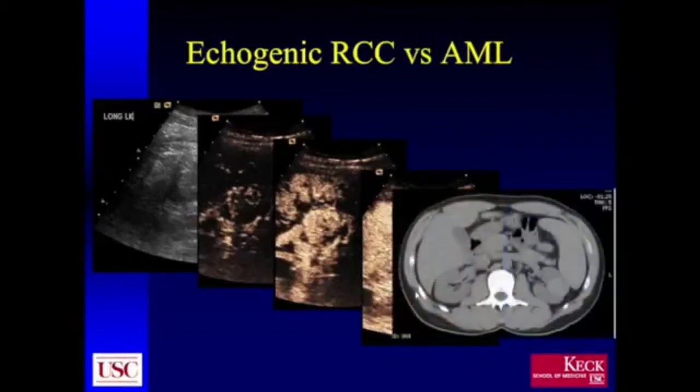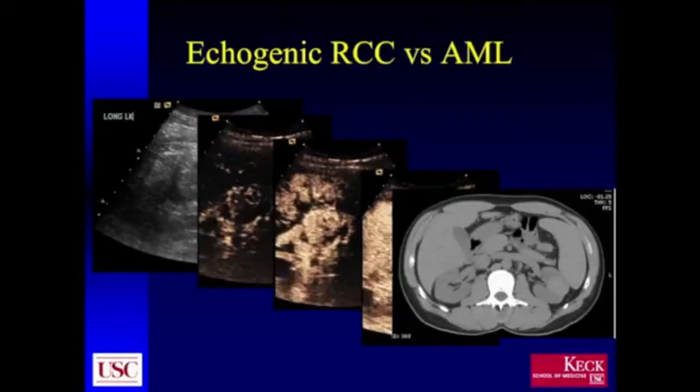Going back to the original CT, in the non-contrast CT, you can actually see that this is a high density mass, which would be the opposite of what you would expect in an AML, an angiomyolipoma. So I think to review, echogenic masses may represent renal cell carcinomas or angiomyolipomas.